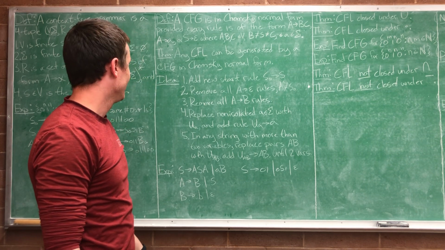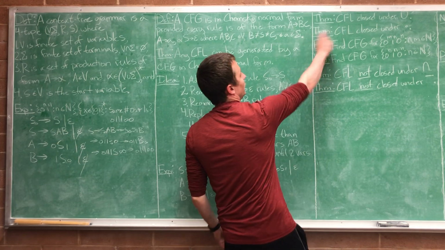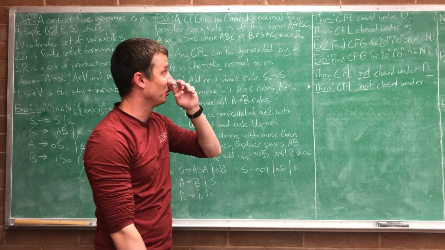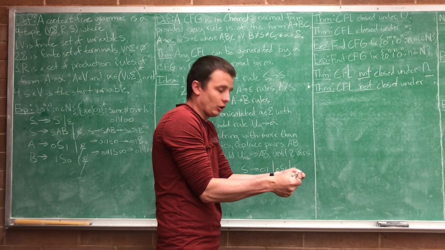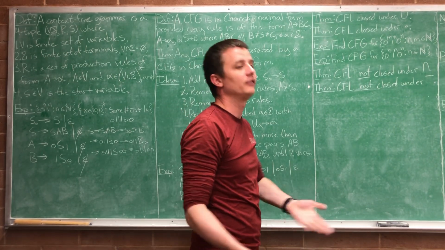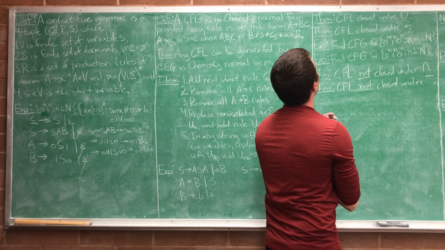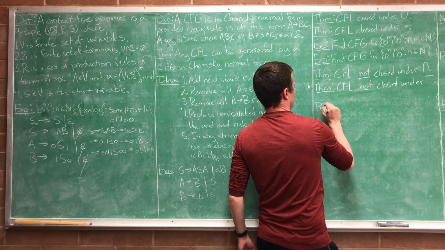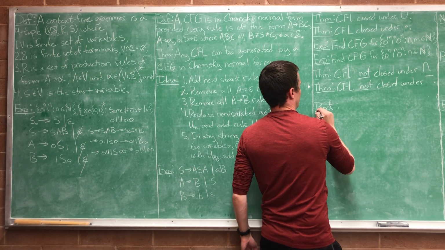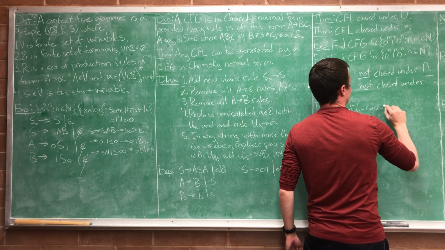Okay. Anyways, some theorems. So first one, we're proving that context-free languages are closed under union. Taking two random context-free languages, unioning them together is still a context-free language. That's what we're proving. Proof: CFLs closed under union.